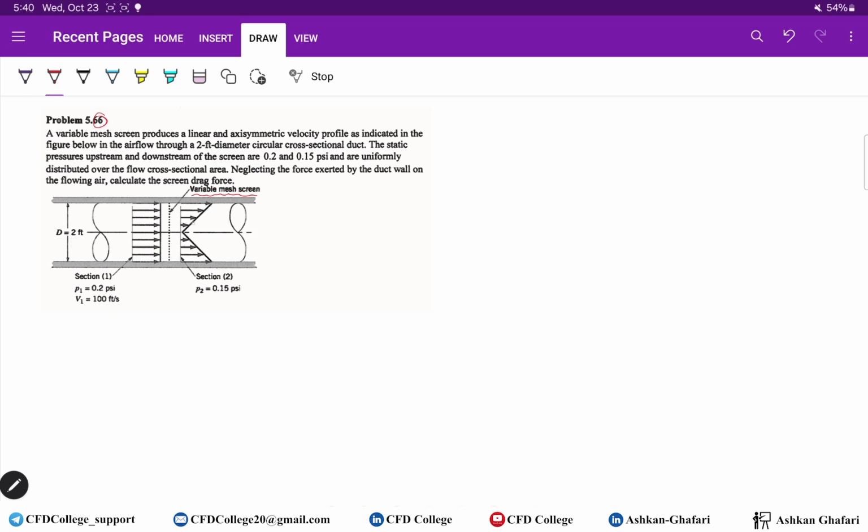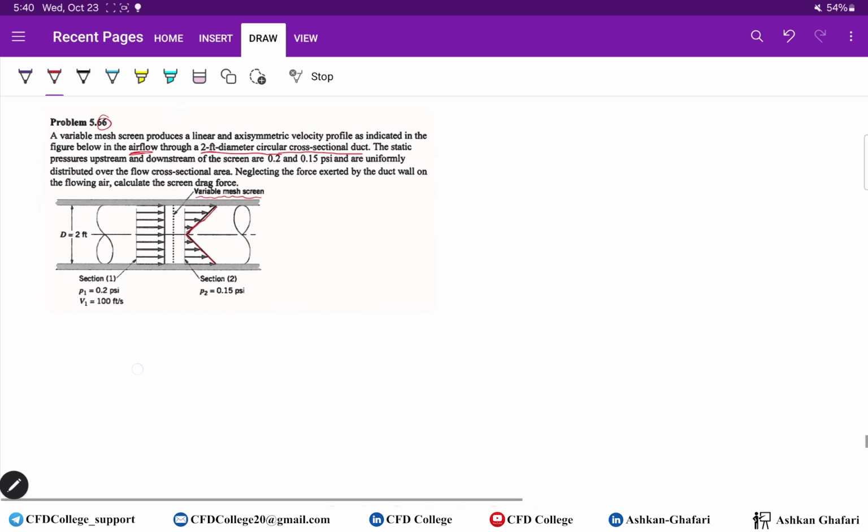This is the linear profile, and axisymmetric since we have a pipe here. As indicated in the figure below, we have air flowing through a 2 feet diameter circular cross-sectional duct. So we have a circular duct with diameter of 2 feet.